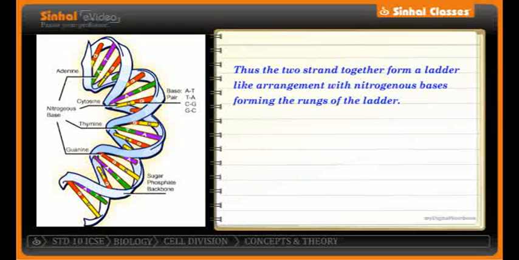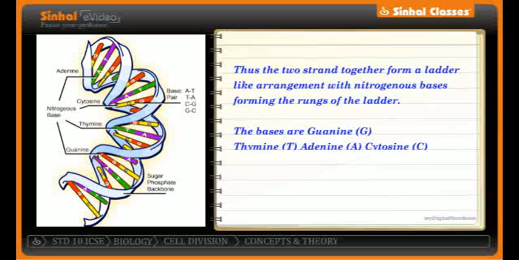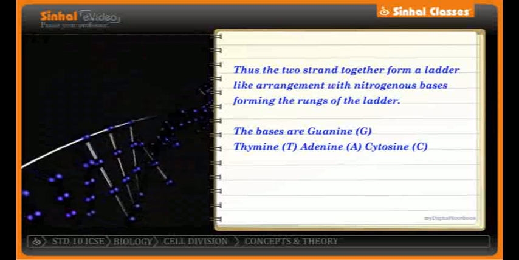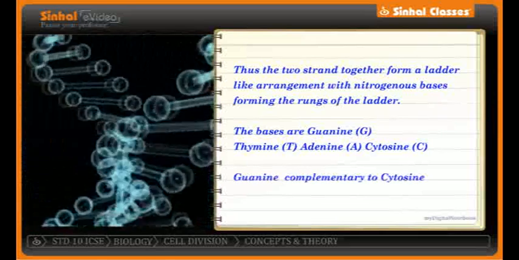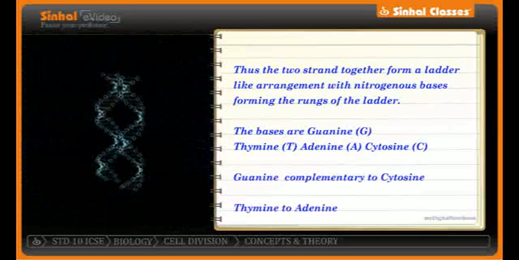These nitrogen bases are guanine, represented as G, thymine, represented as T, cytosine, represented as C, and the last one, adenine, represented as A. It is always the complementary condition that is seen. Guanine is complementary to cytosine and thymine is complementary to adenine.